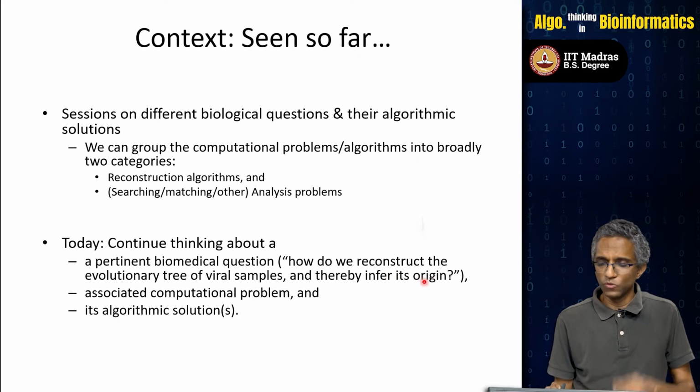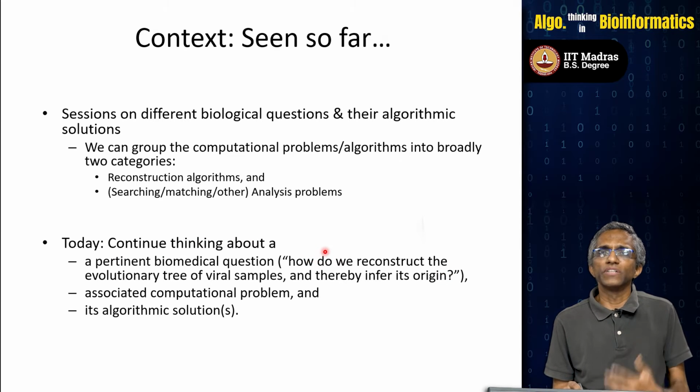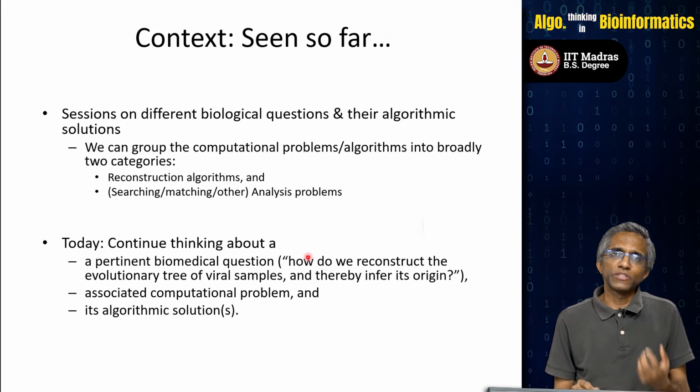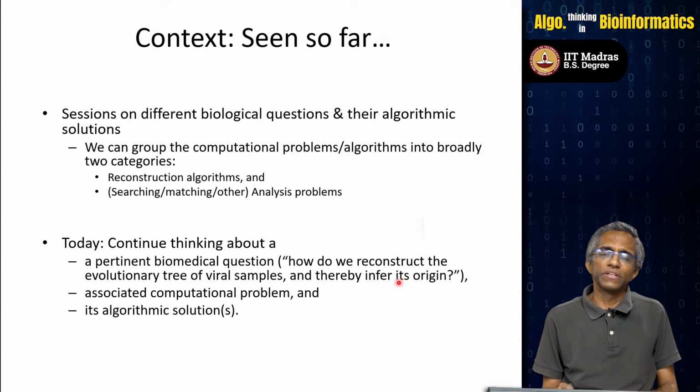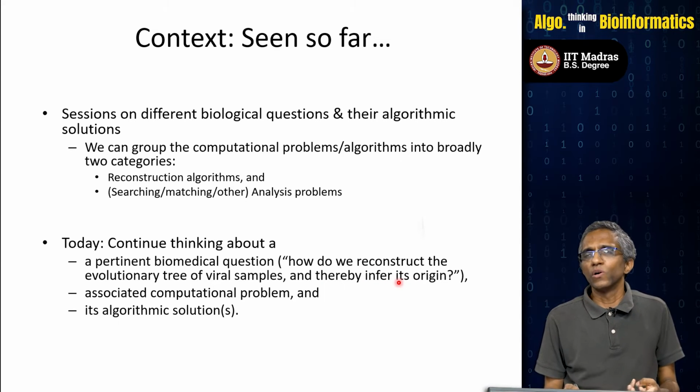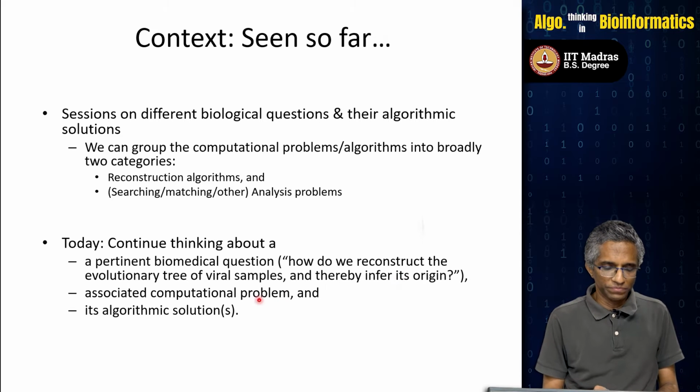And so, this would be of much use. It is pertinent because of the recent pandemic. So, this would be of much use in terms of understanding the genomic aspects of how a virus spreads during a pandemic, and it will also give you some idea about what are the causative agents for a disease that is spreading rapidly, and some ideas on how we may be able to control the disease.